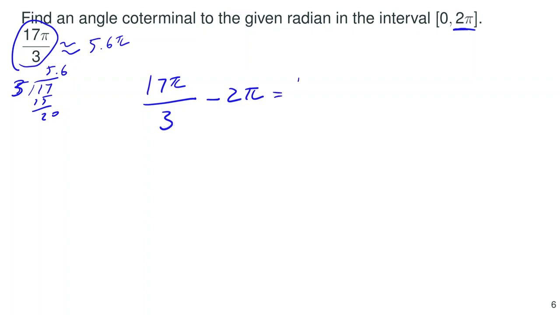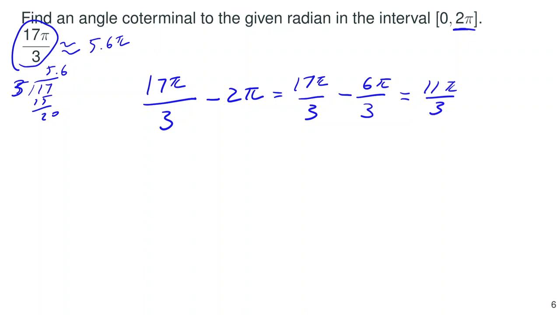So we write 17 pi over 3 minus 6 pi over 3, to have a common denominator. 6 divided by 3 is 2, so we're subtracting the same quantity of angle. Then we get 11 pi over 3.